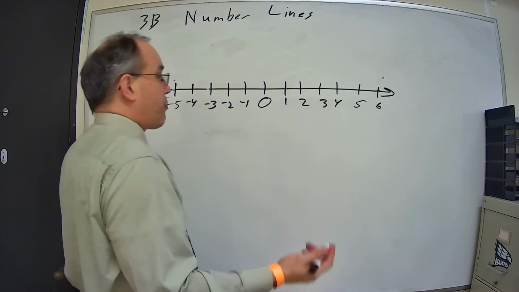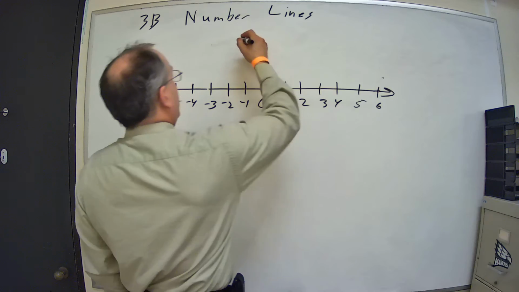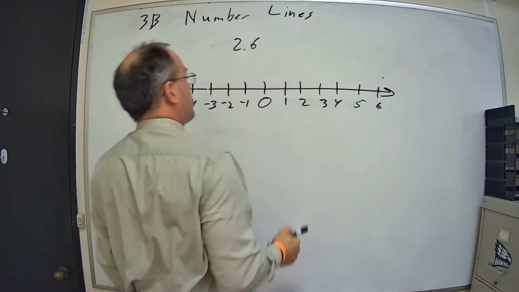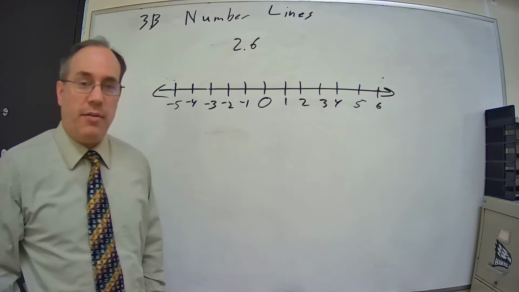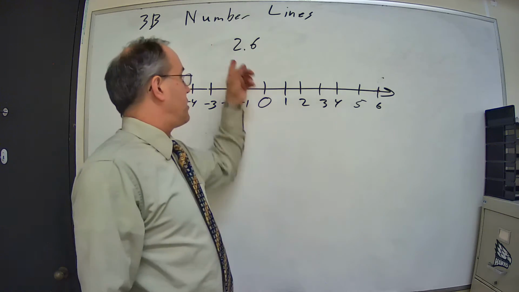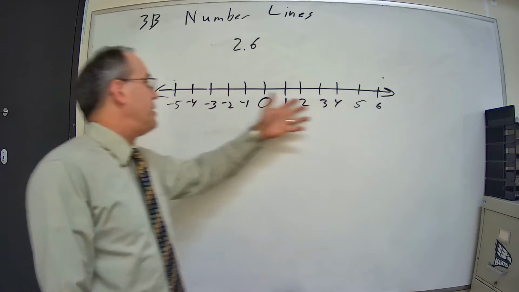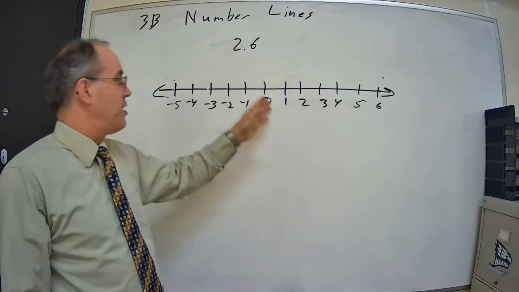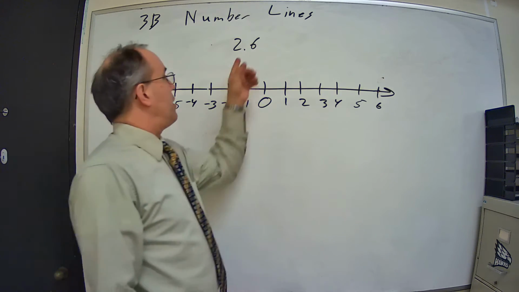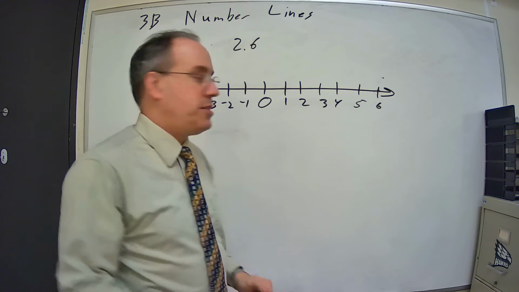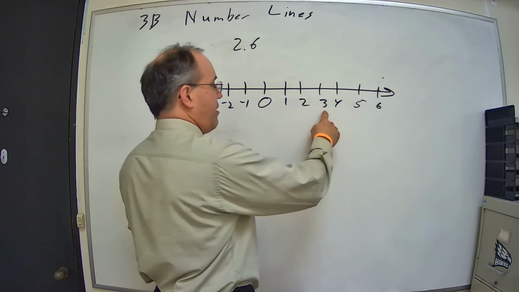Okay, so if I want to say 2.6 on this number line, well, it's a positive number, so I'm going to be on the positive side. Notice there's a positive side and a negative side. You know, it's going around 0 here. 2.6, well 2.6 is going to be between 2 and 3, right?